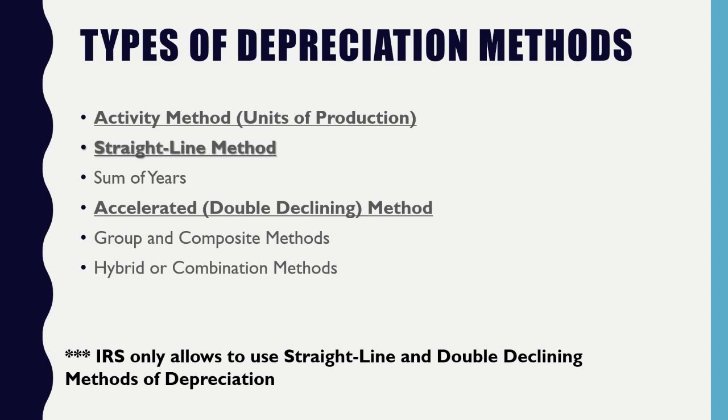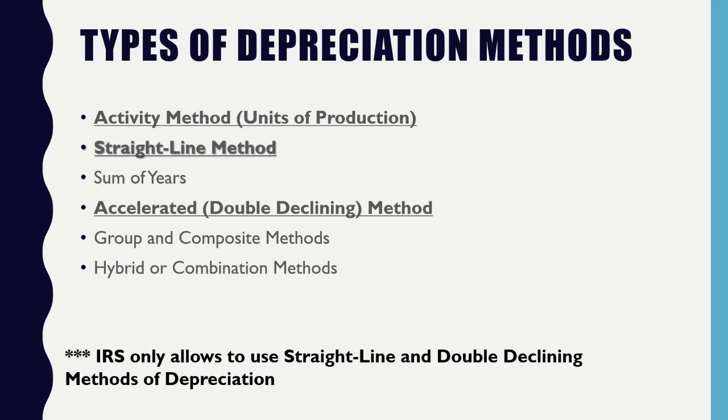So again, here are the 3 different types of depreciation that we will be looking at. We already took the activity-based method. We looked at how, with units of production, we depreciate an asset based on how many units it can produce. It's not time sensitive. It doesn't matter how long the life is, as long as it reaches its threshold or its capacity.